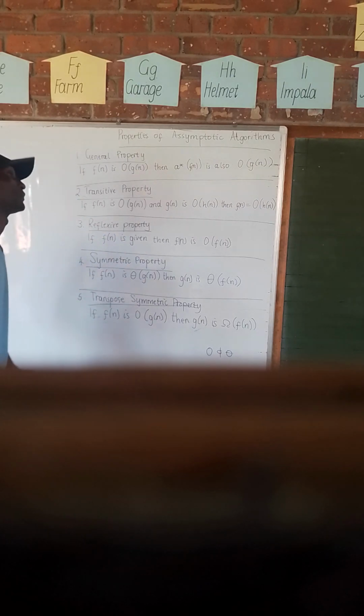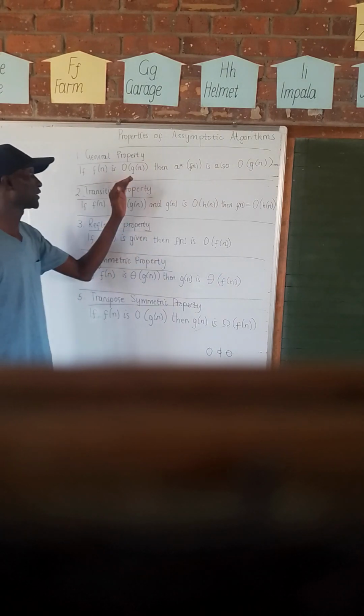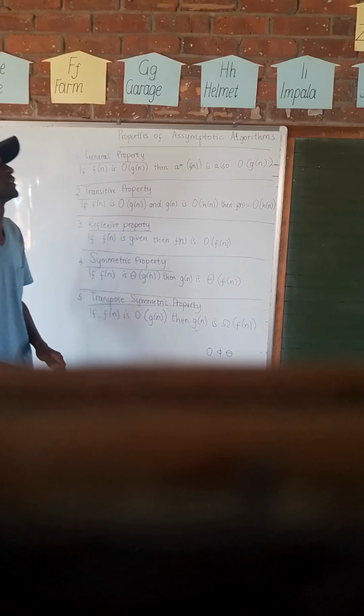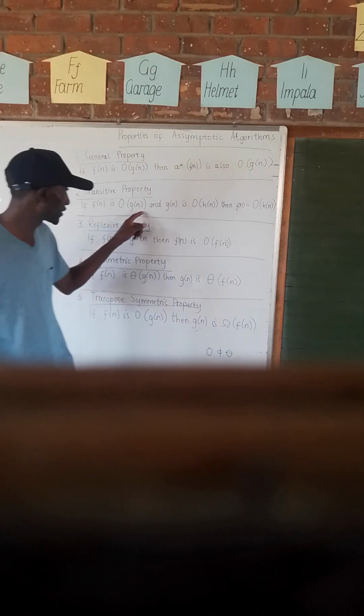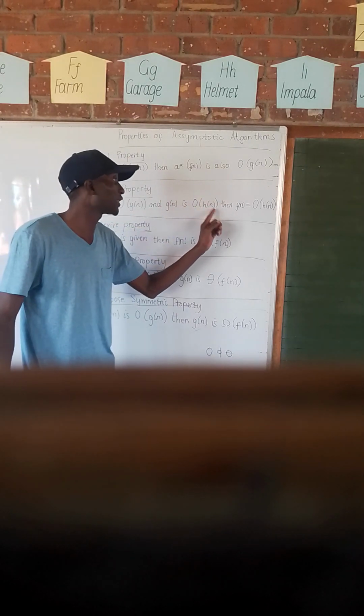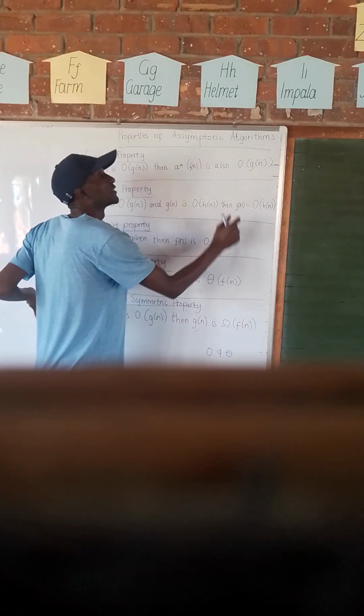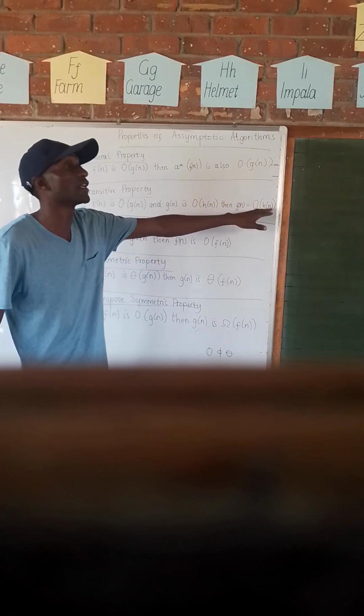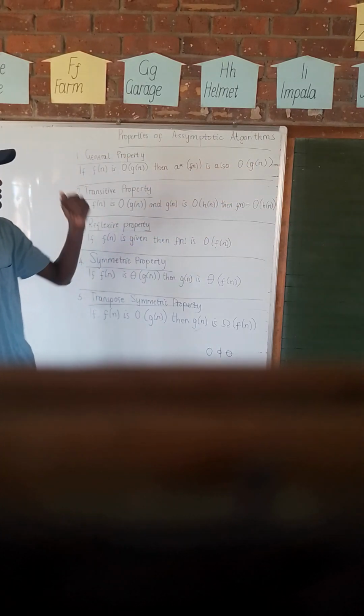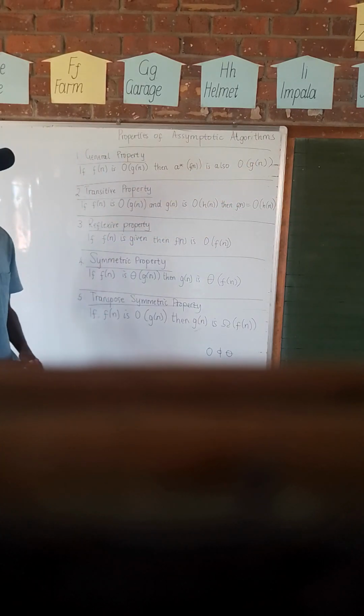Then property number 2 states that if f of n is O of g of n, and g of n is O of h of n, then the function as a whole becomes O of h of n.